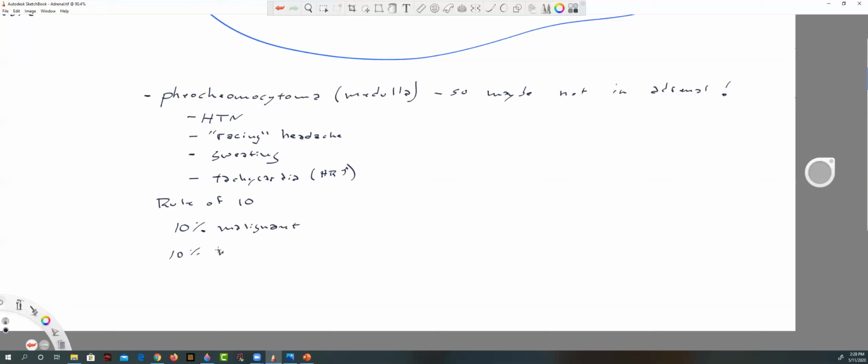10% are multiple. Multiple on one side, bilateral, maybe one in the adrenal gland and then one somewhere else in the body or in the central nervous system ganglia. 10% hereditary syndromes like multiple endocrine neoplasia. 10% are pediatrics.